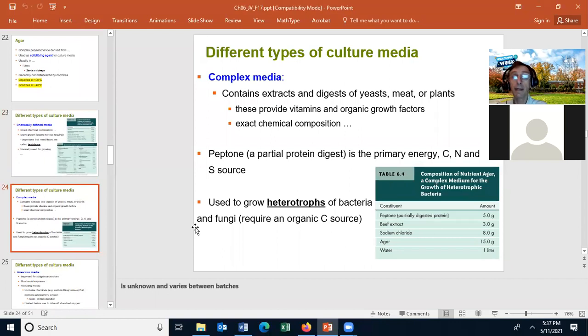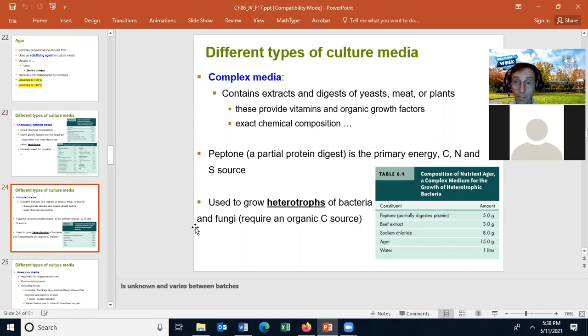A complex media is one that contains extracts of digestive yeast, meat, and plants. The yeast, meat, and plants provide vitamins and organic growth factors for the microbes to grow. The exact chemical composition of a complex media is not known.